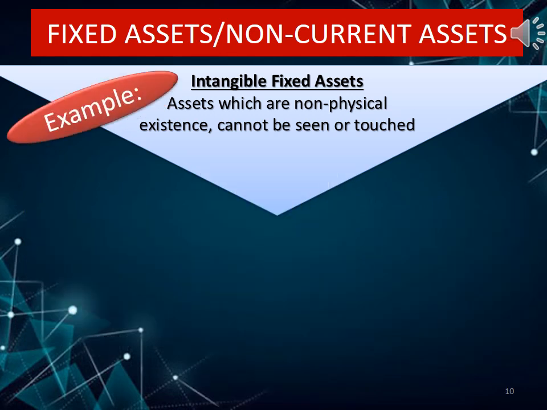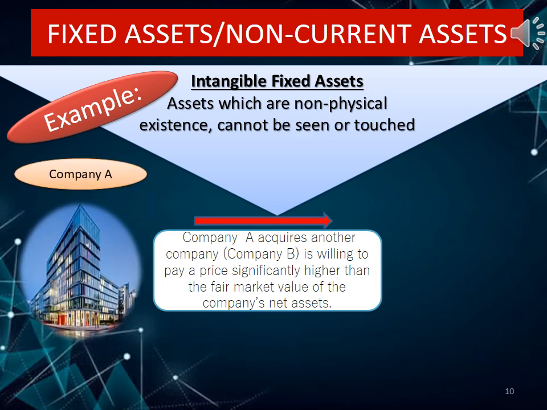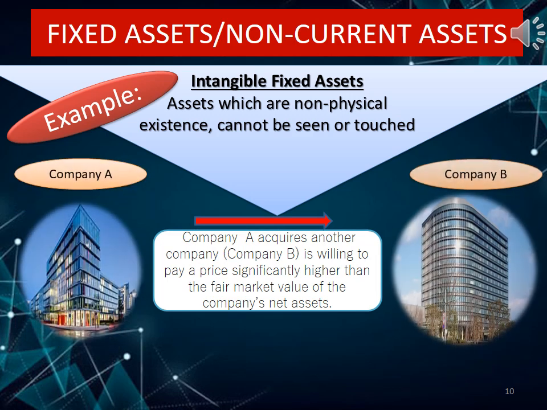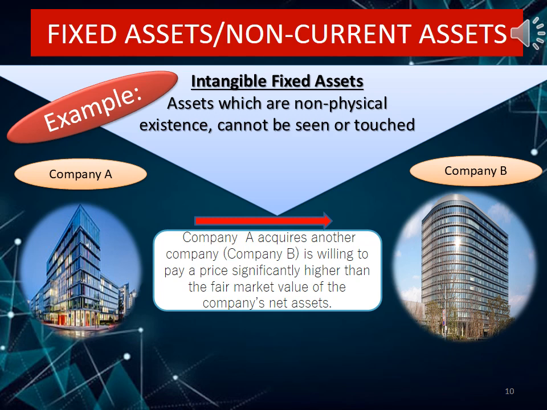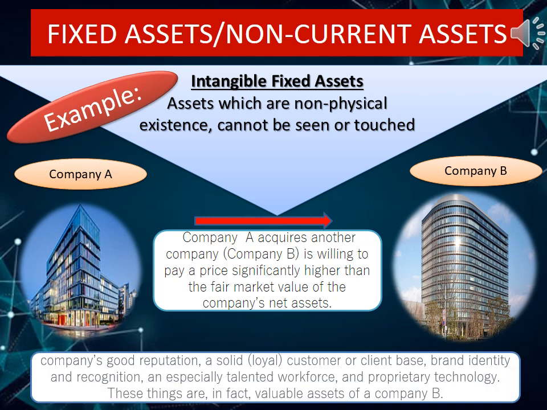Example of goodwill. The concept of goodwill comes into play when Company A acquires another company, Company B, and is willing to pay a price significantly higher than the fair market value of the company's net assets. The factors that make up the intangible asset of goodwill are things such as a company's good reputation, a solid, loyal customer or client base, brand identity and recognition, an especially talented workforce, and proprietary technology.